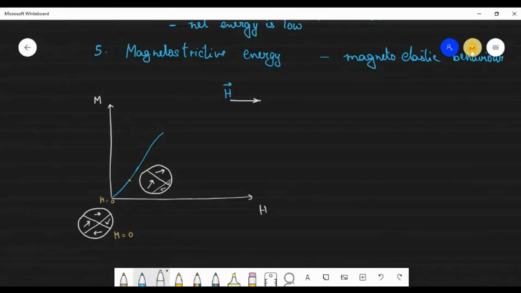For a further increase in H, the entire specimen becomes a single domain, and saturation magnetization is achieved.